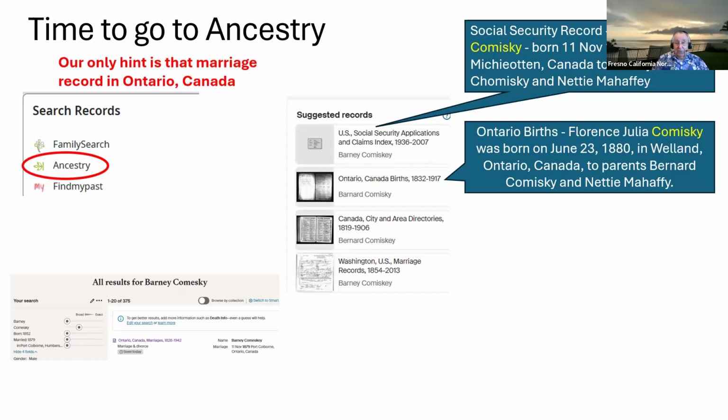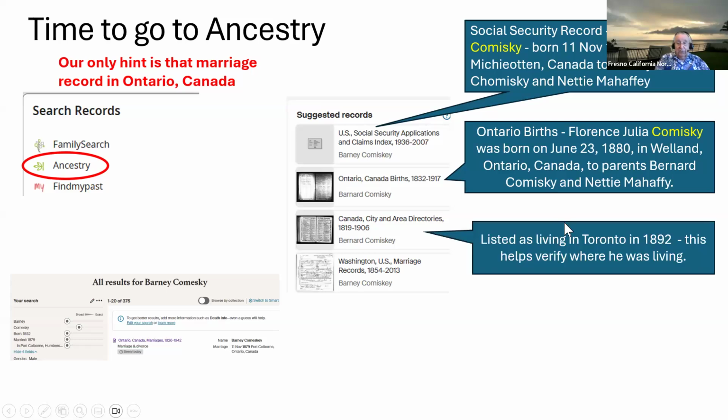The second one was a birth record from Ontario for Florence Julia Kaminsky with the I. So now we have 2 new children. The third one was just a city directory, but it lets me know that he was living in the Toronto area in 1892. So he's staying there.